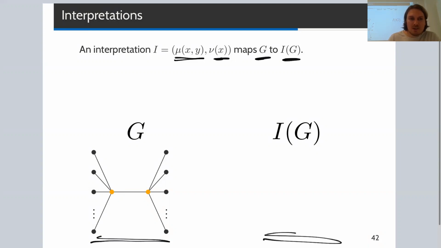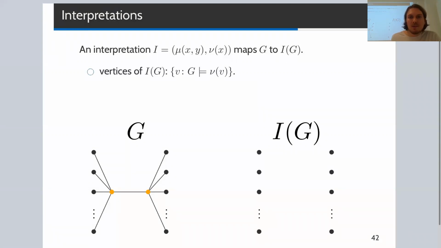And how is it constructed? First, the vertices of I of G are all the vertices that satisfy mu in the original graph. So for example, if mu is the formula "x is black", then all the black vertices would be contained in I of G. In particular, those two orange vertices would be dropped.